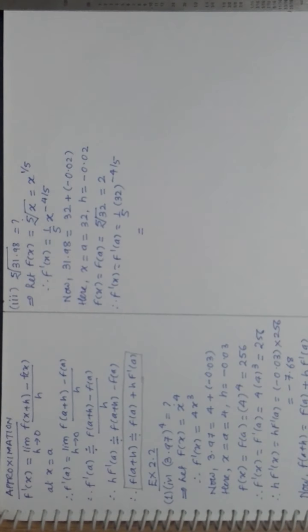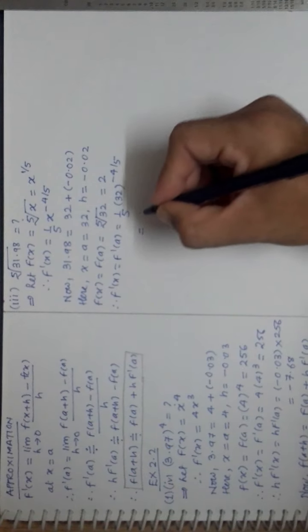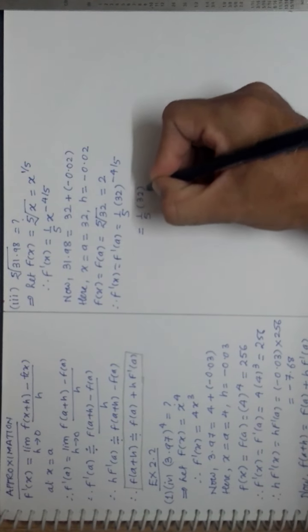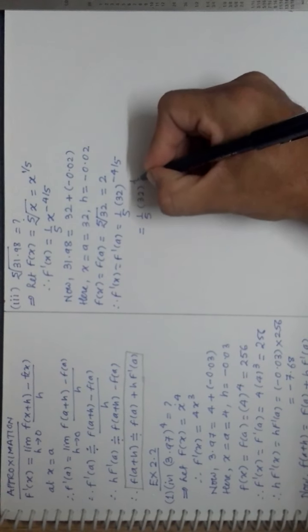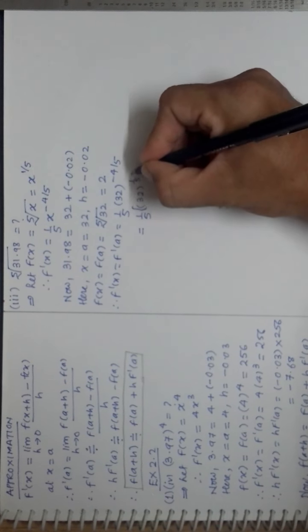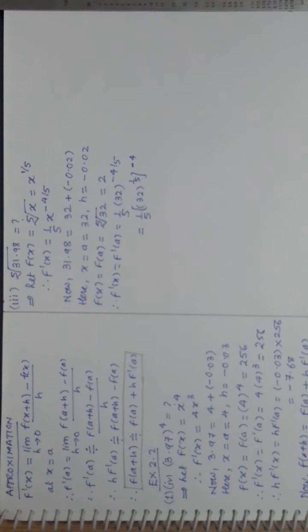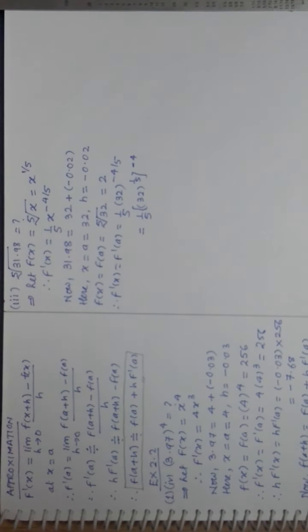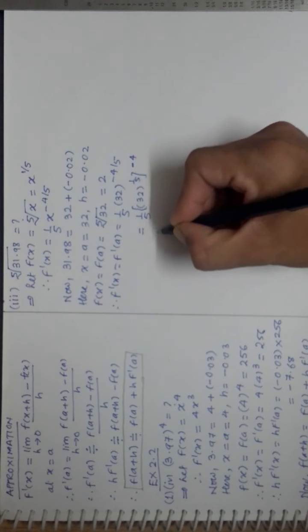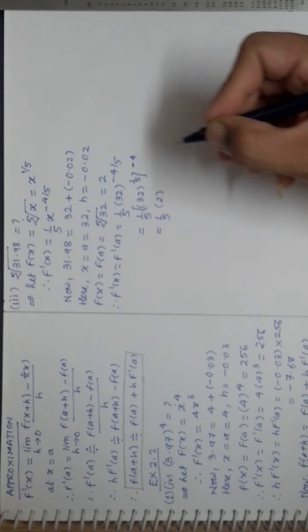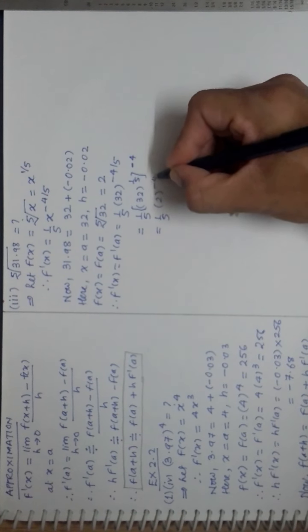Now I would like to show this. This is 1 by 5, and this is 32 raised to 1 by 5, and the whole power here is minus 4. Agreed? What I did is break minus 4 by 5 as 1 by 5 into minus 4. Power raised to power is multiplication of powers. So this is 1 by 5, and this is 2, which we have found already, raised to minus 4.